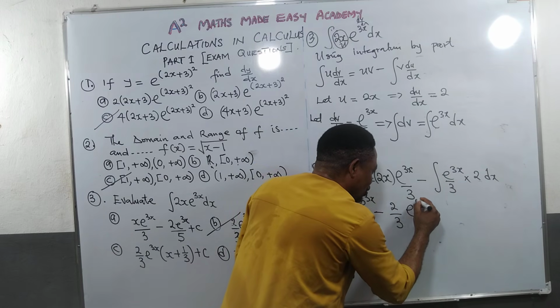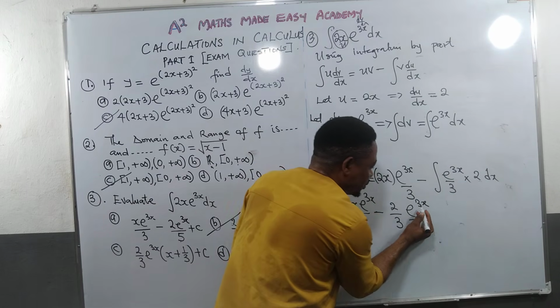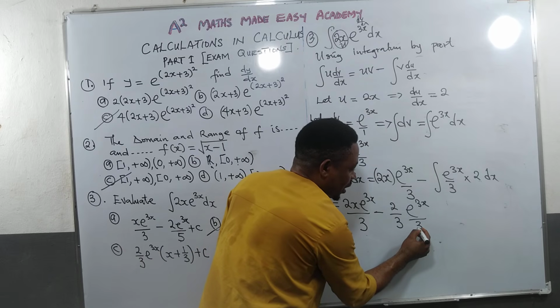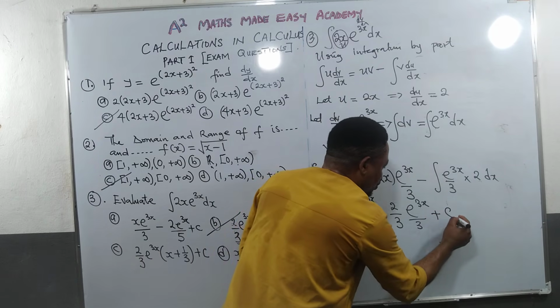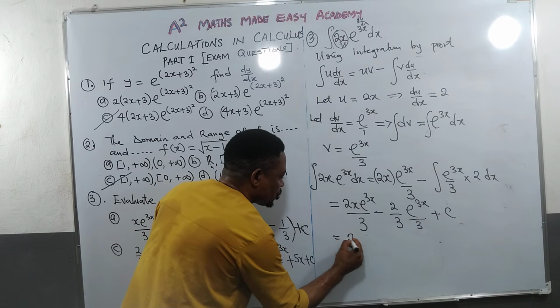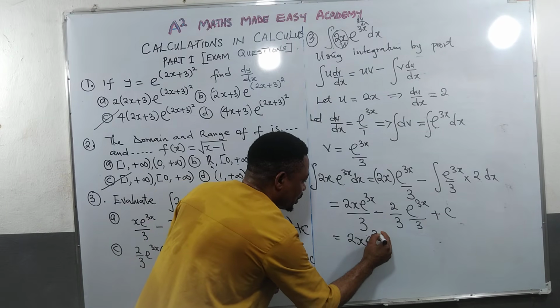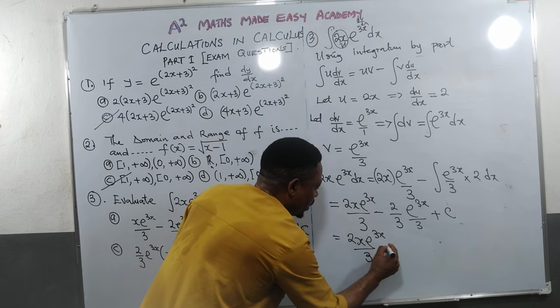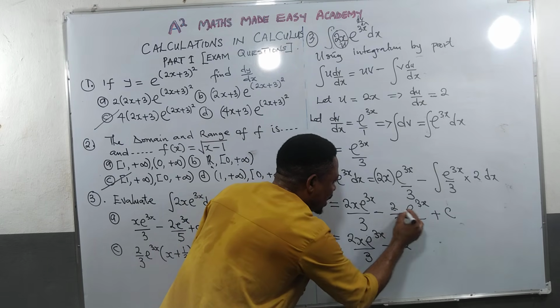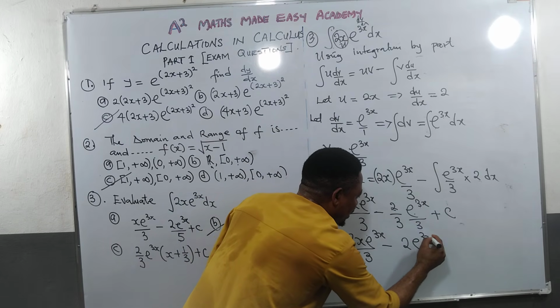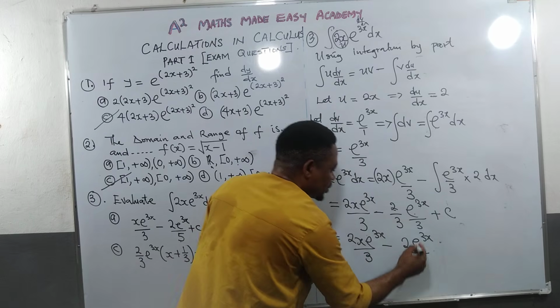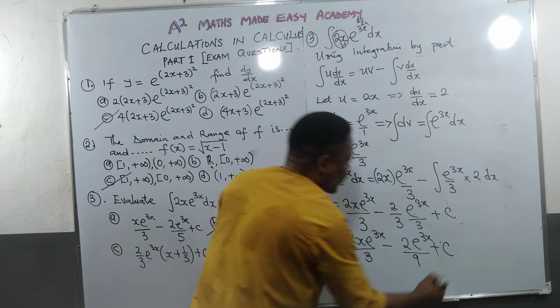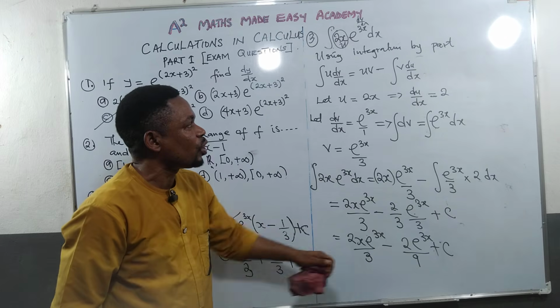Expo is still exponential 3x over differentiate 3x, which gives you 3. Finally plus C. Can we continue? This is now 2x exponential 3x all over 3, then minus 2 times expo, 2 exponential 3x all over 3 times 3, which gives you 9. Then plus C. Wow. Can you see that we have already gotten what we are looking for?